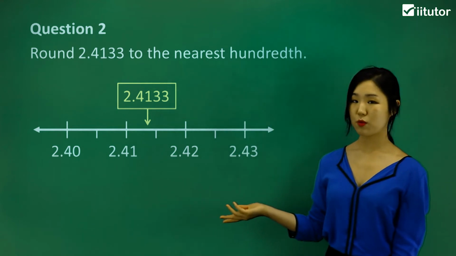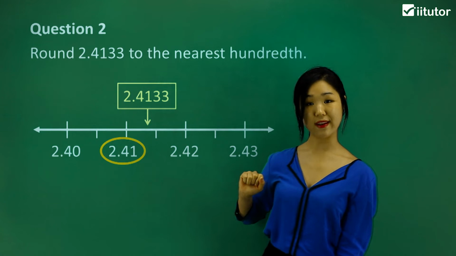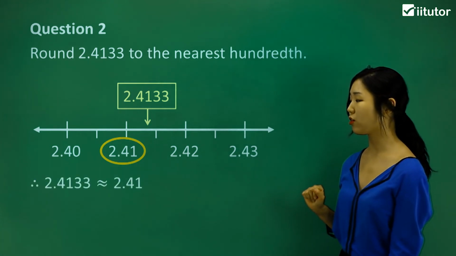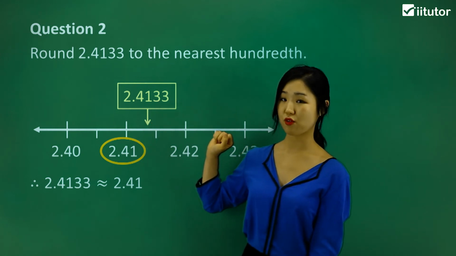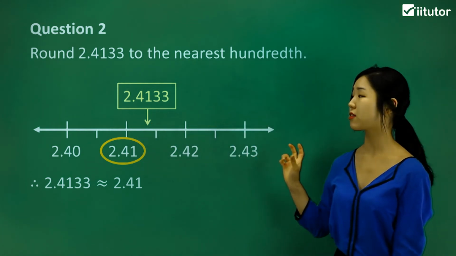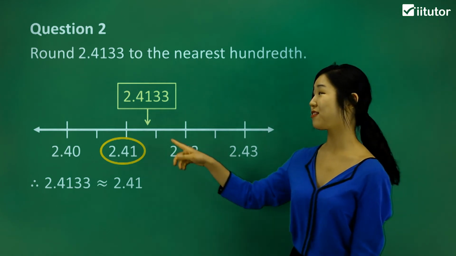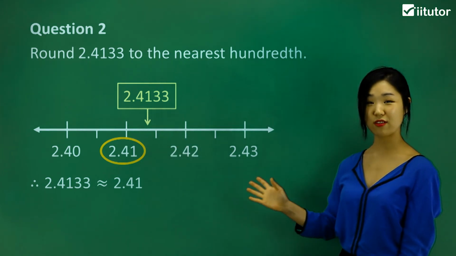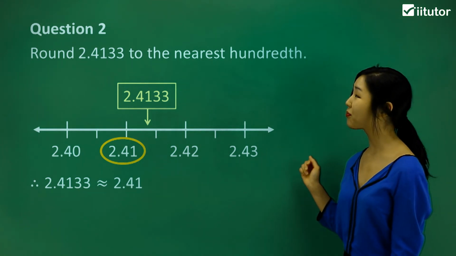So this one is closer to the nearest hundredth, 2.41, isn't it? So that's what we're going to be rounding it to, 2.41. And as you can see, guys, the number after the hundredth position is less than 5, which is 3. So that's why we round down. That's also another way you can think of it. And you can clearly see on the number line as well.